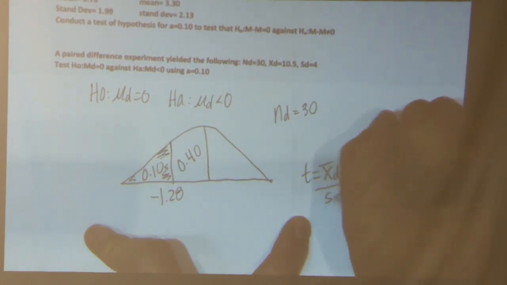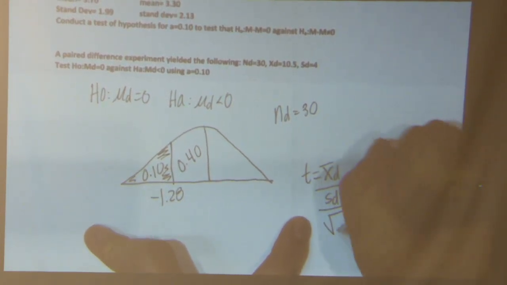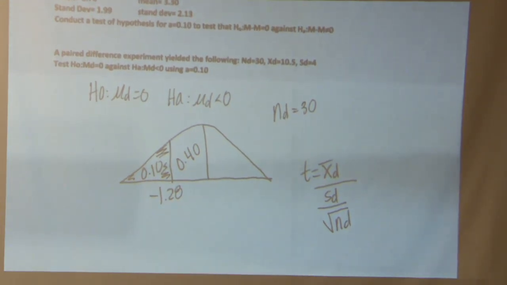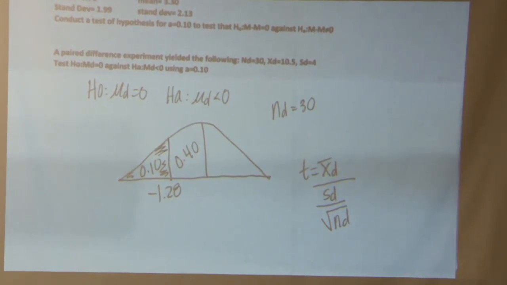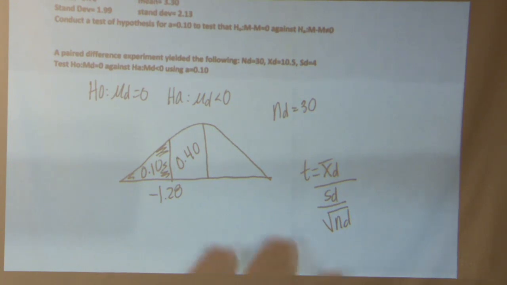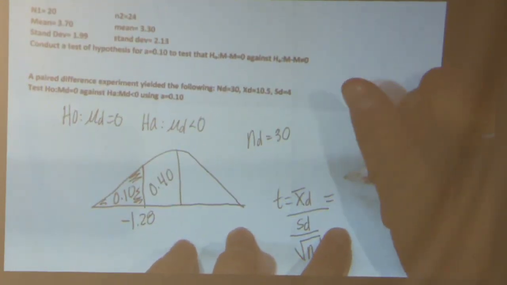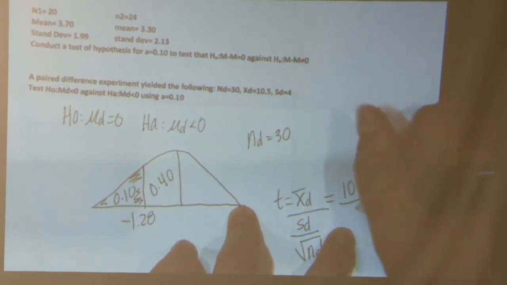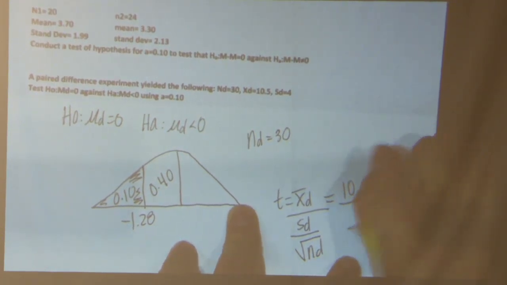Divided by your sD, and then divided by the square root of your nD. So for this, our x bar D is going to be equal to 10.5. Our standard deviation is 4. And our nD is going to be 30.